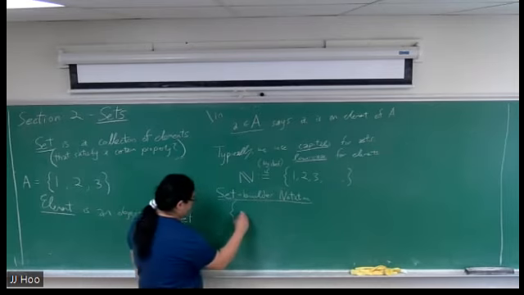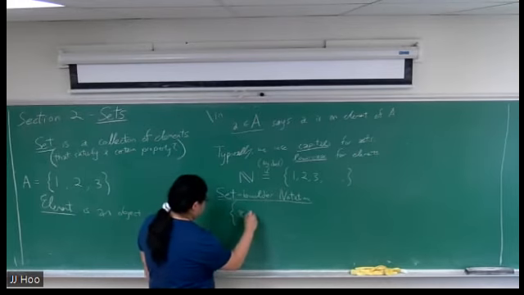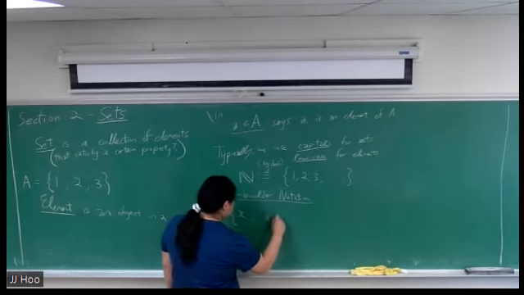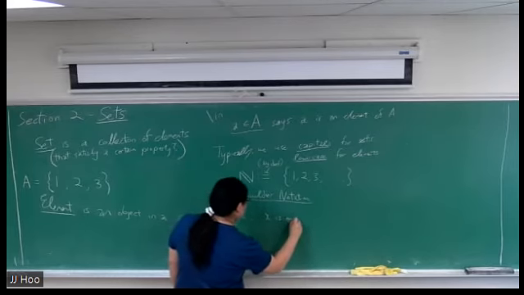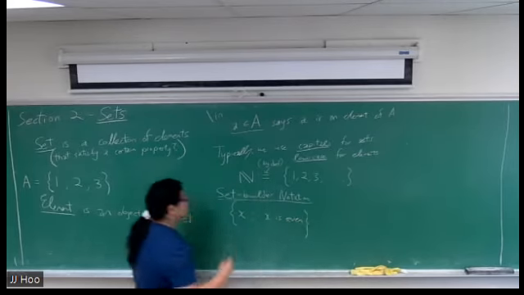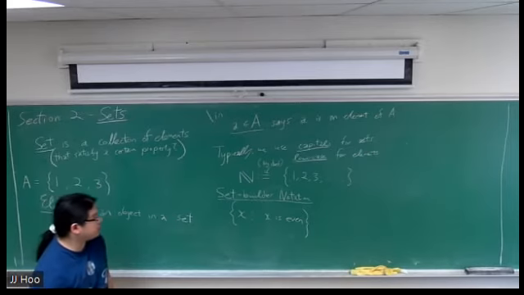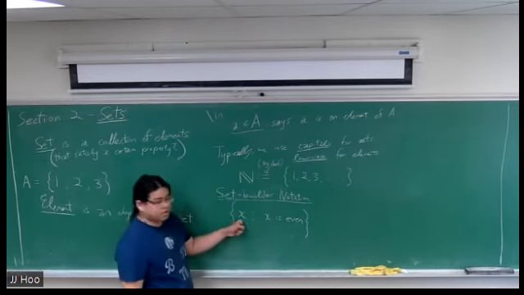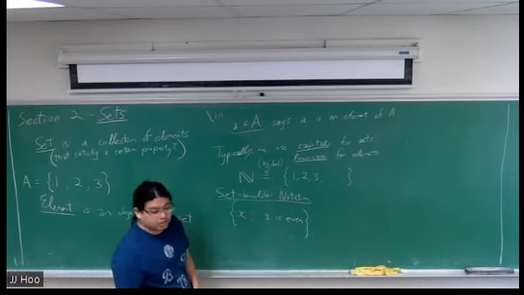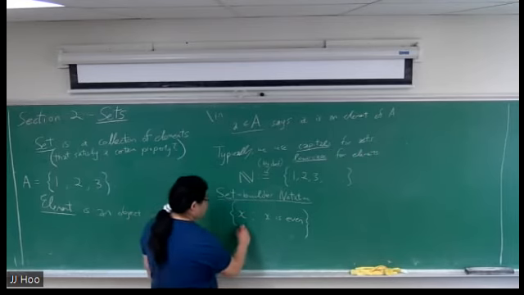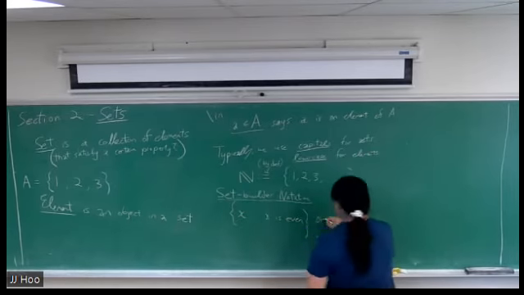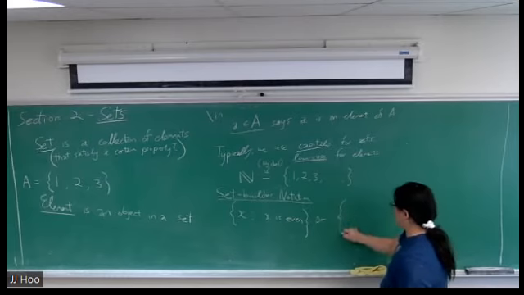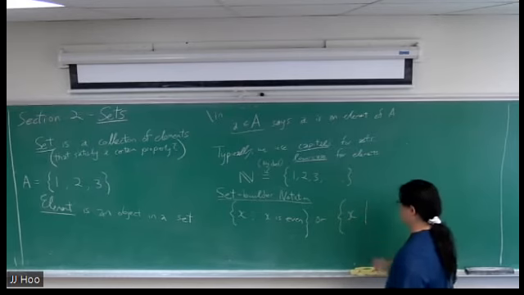So I can write something like this. So again, we use curly braces for sets. These are my arbitrary objects. The colon stands for such that. Sometimes instead of the colon, you will see in some books a bar.